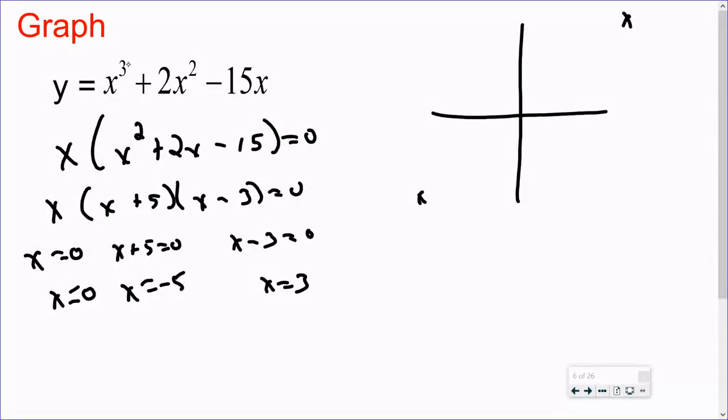Okay, now this 3 tells me there should be 3 answers. I have 3 answers. Good. They don't have any multiplicity. So this -5, this 0, and this 3. So I'm going to go through each one of these one time. Starts down here, ends up here. There it is.